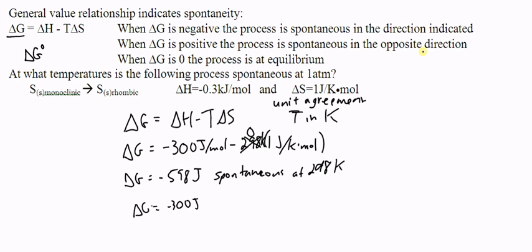So now let's go in the other direction. What if we make it a really big temperature, like 1 million Kelvin? So now we would have negative 300 minus the quantity 1 million times 1, and we get a very negative delta G value in that case.